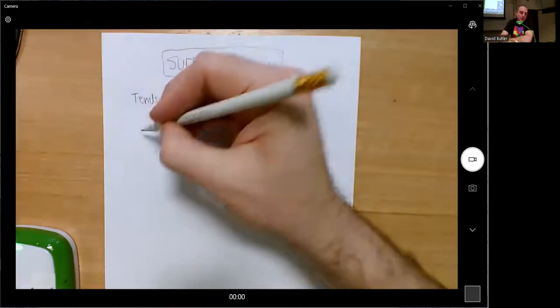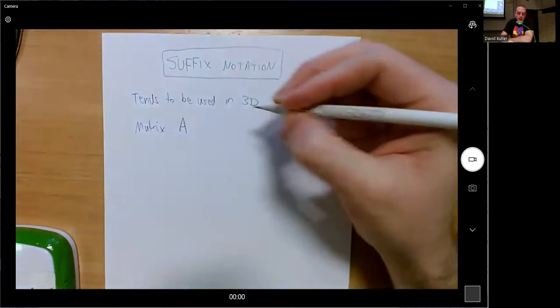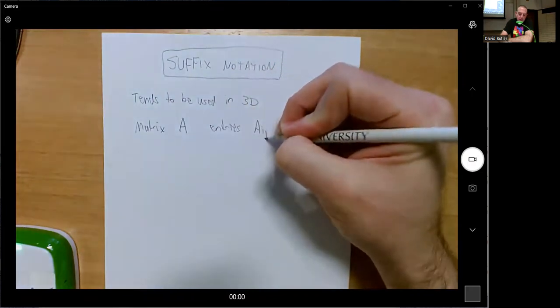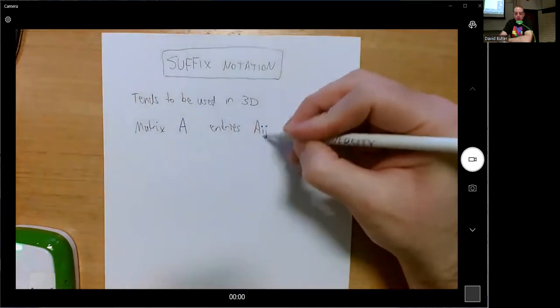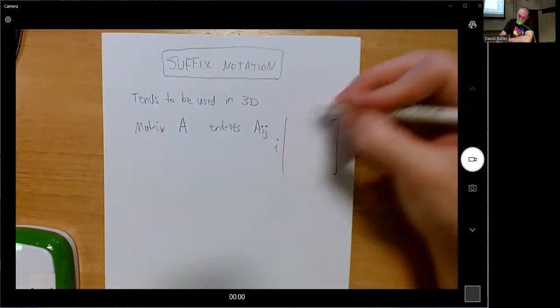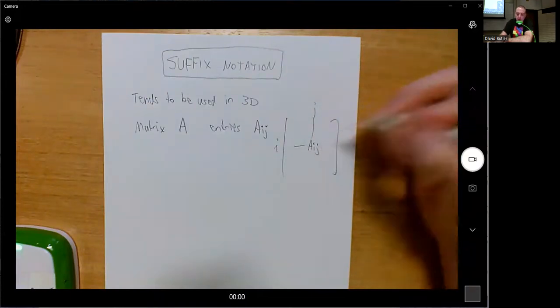So you might have a matrix A, and then its entries are called A_ij, like that. The i tells you row i, column j, and here you are at position A_ij.